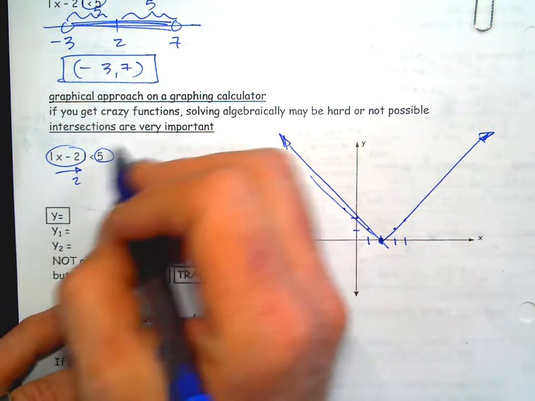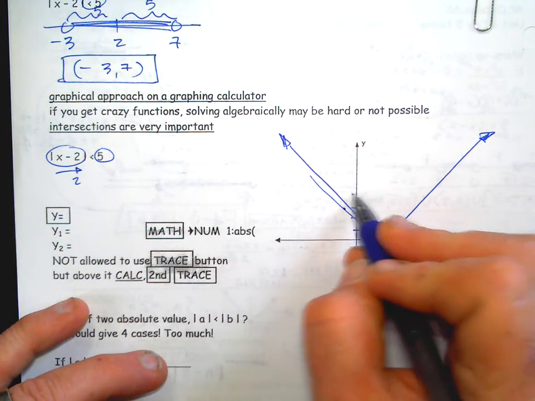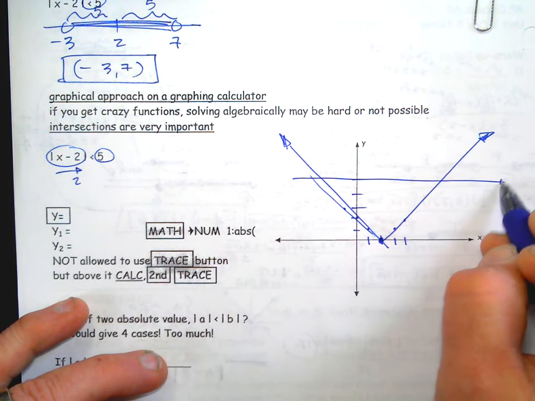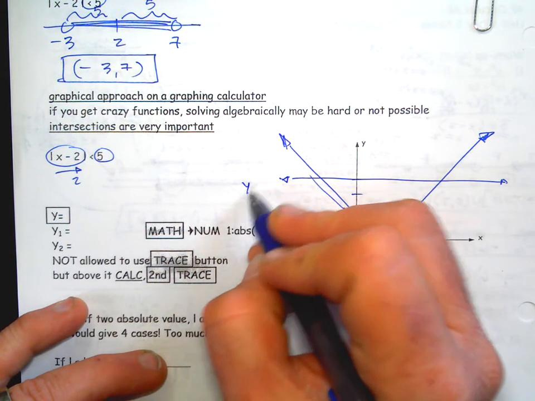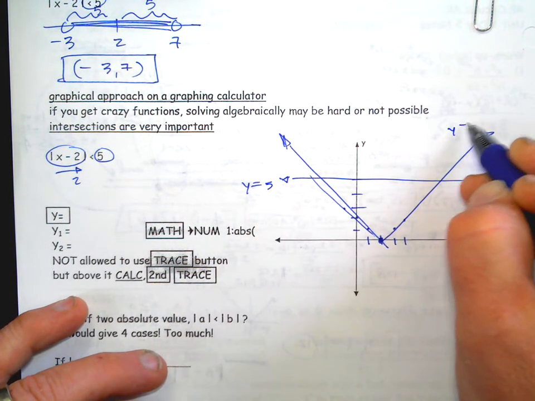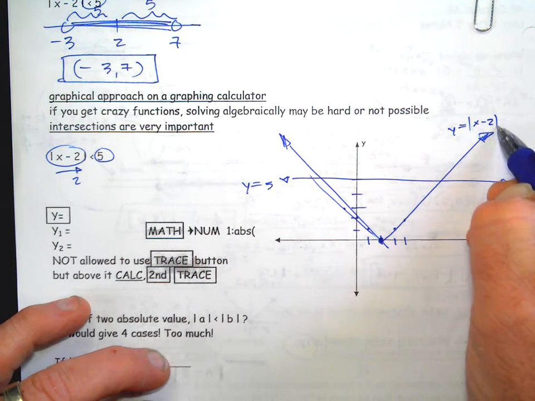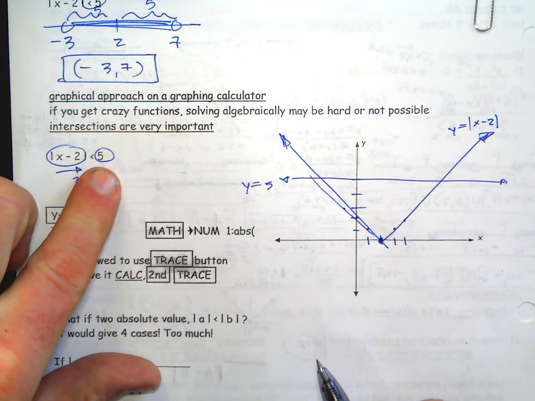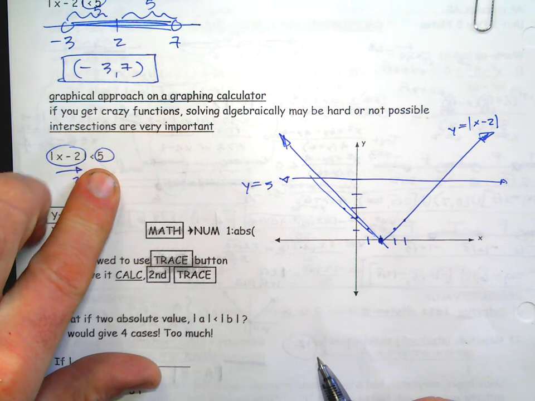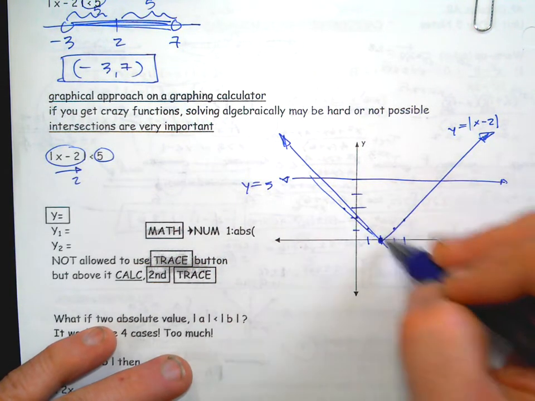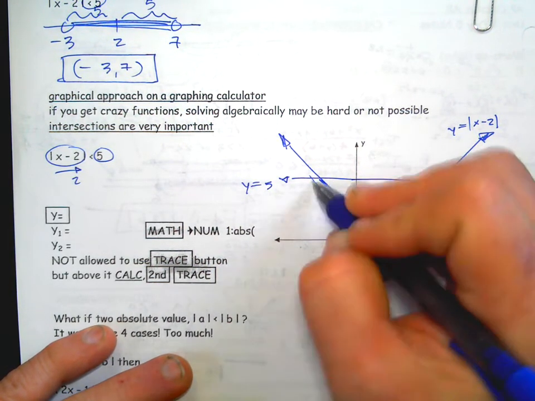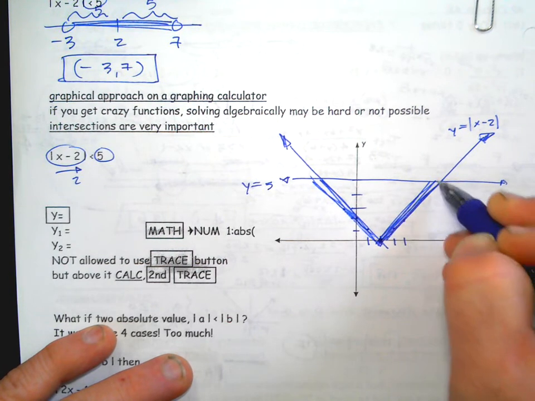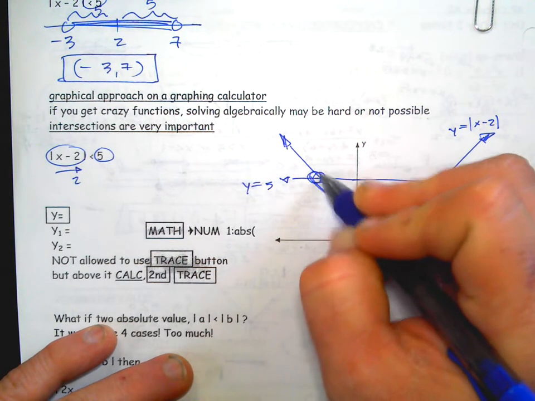And then this is a horizontal line, 3, 4, 5, right? Y equals 5. This is y equals absolute value of x minus 2. And what we're asking is, where is the absolute value graph below the horizontal line graph? Where is the V below that? Well, that's from here to here, below and not equal to.